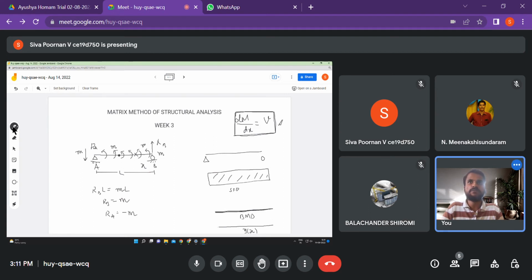We came up by first taking a beam and then taking a small portion of the beam, dx, right? So from a beam, if you remember the derivation, we took a small portion, and this dx portion is subjected to a variation of load, q of x.